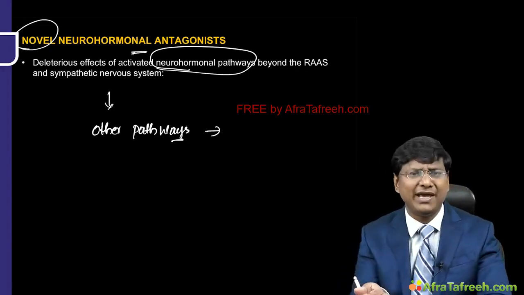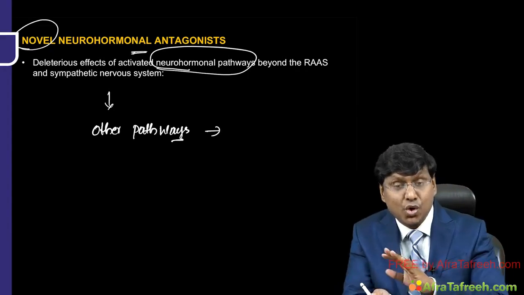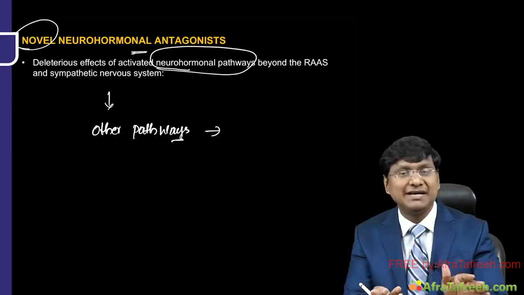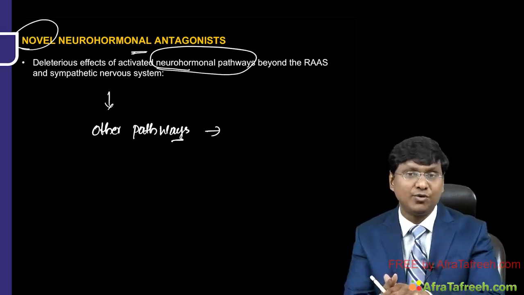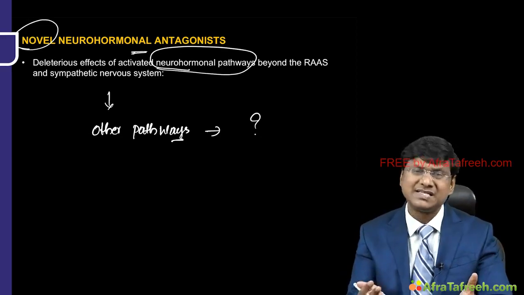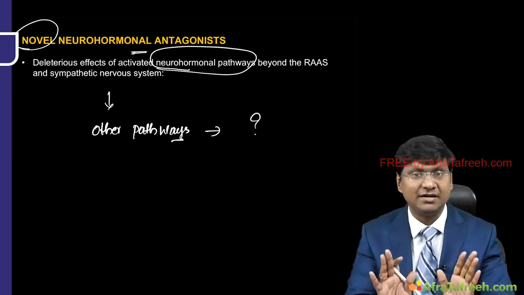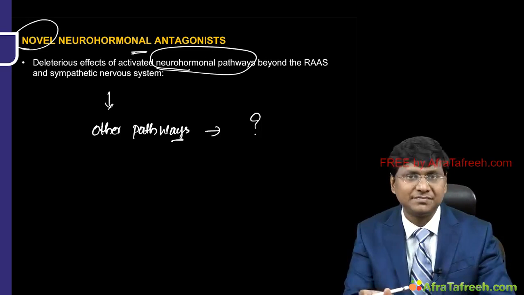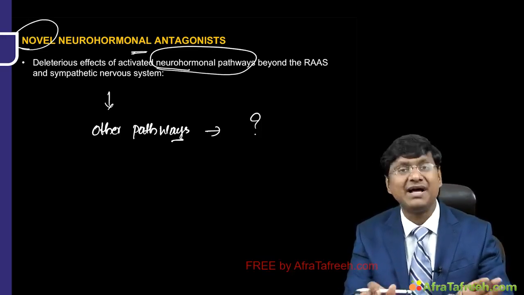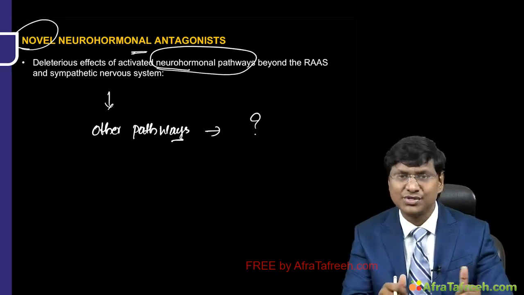But blockade of the neurohormonal pathway through these other pathways was a little question mark. Some had good survival benefit and reduction in mortality, but some pathways were unsuccessful. What are those? I'll discuss now.